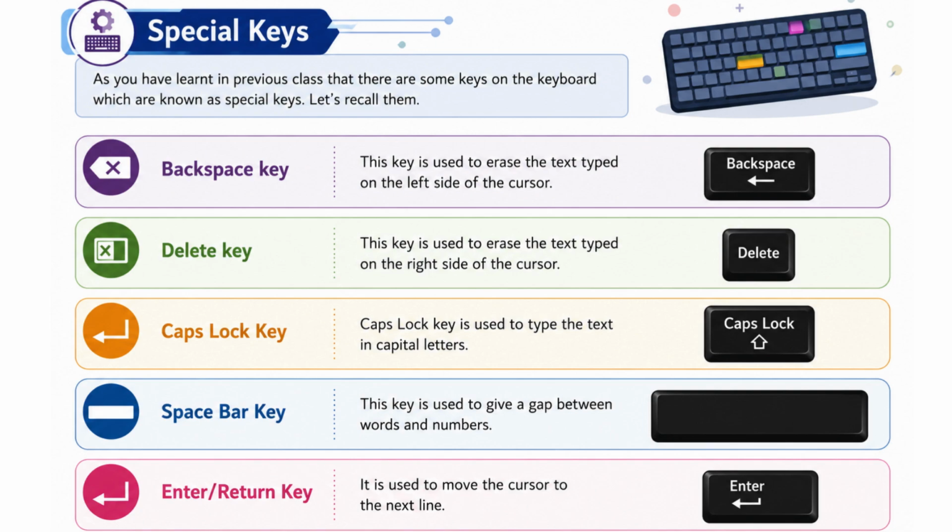Backspace key is used to erase the text from the left side of the cursor, while the delete key is used to delete the text from the right side of the cursor. Caps lock key, I have already told you, is to make the letters capital. Space bar is used to give gap between the words and numbers. Enter key is used to move the cursor to the next line.